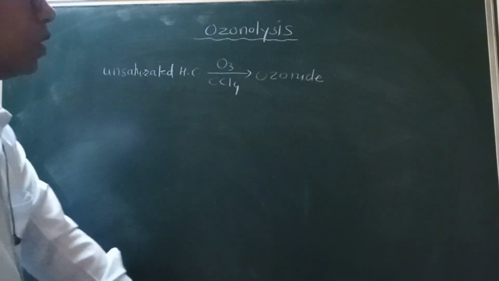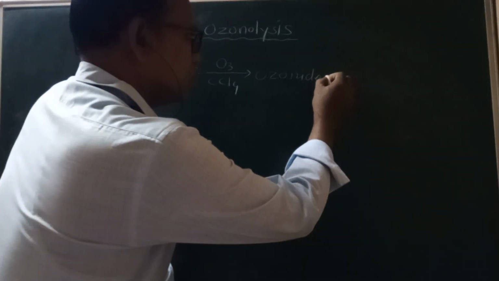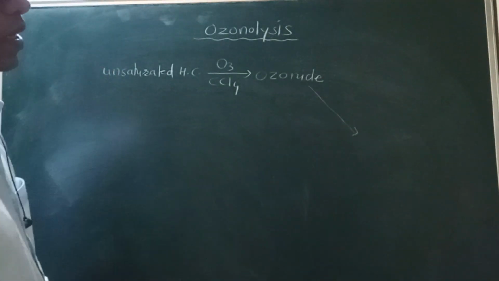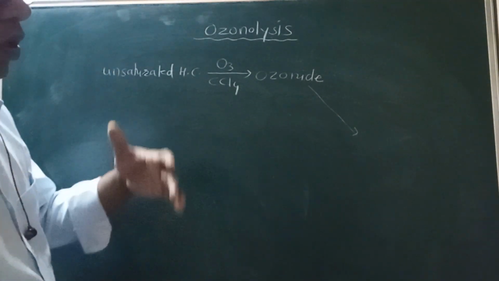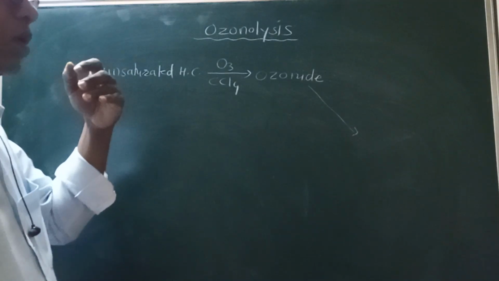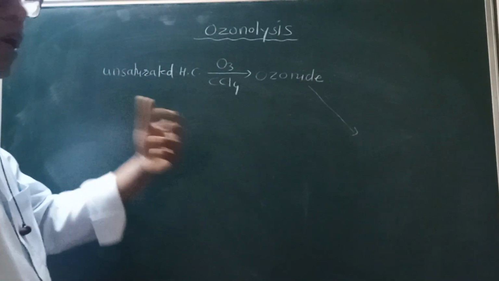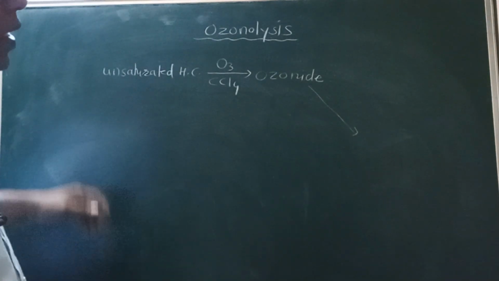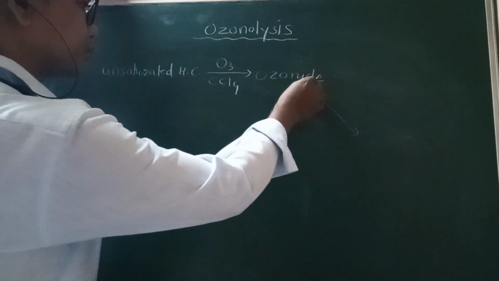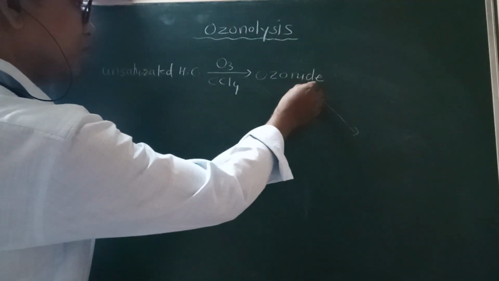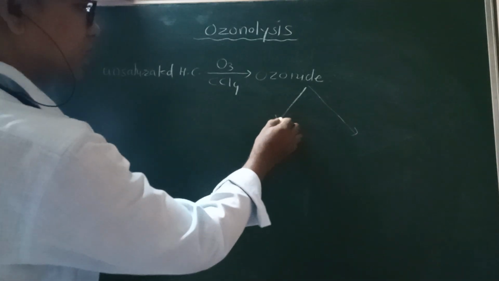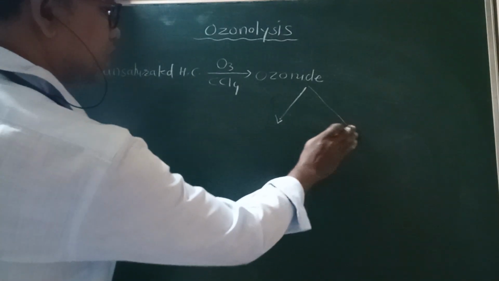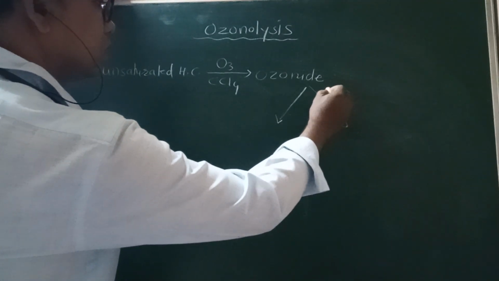And this ozonide, on further decomposition, finally gives either aldehydes, ketones, carboxylic acids, anhydrides, or even primary or secondary alcohols. That depends on the cleavage of this intermediate compound, the ozonide. You can cleave this ozonide in two ways.